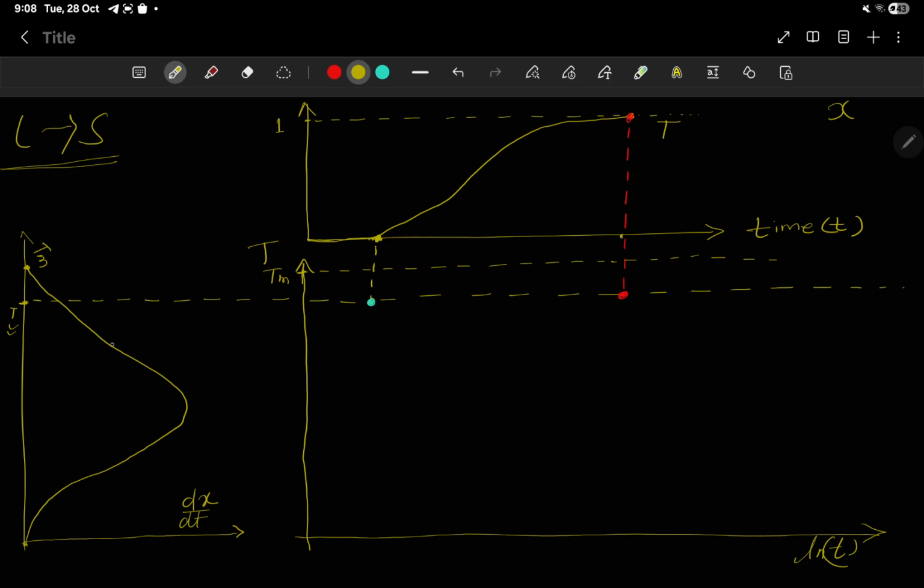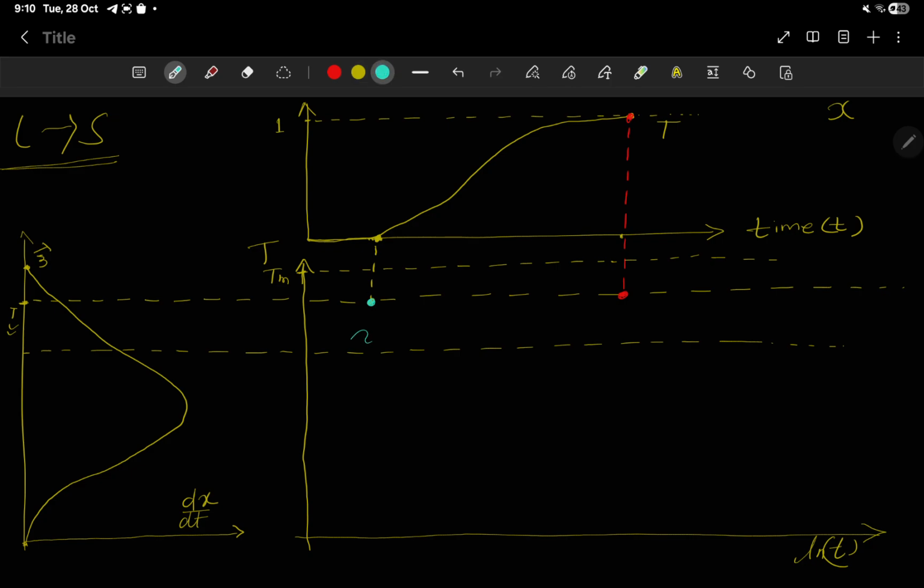If I take another temperature T1 and draw one horizontal line, you can see that as the temperature is decreasing, the rate of transformation is increasing, right?